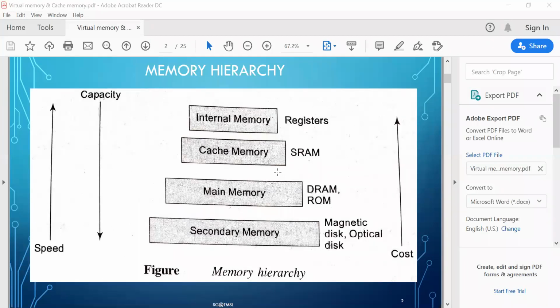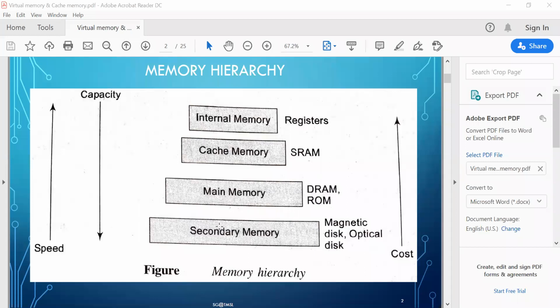There is no speed mismatch between these registers and the CPU or processor, because they are fabricated in the same technology, inside the processor chip. So any data byte transfer or read write operation will be much faster compared to the other external memories: cache memory, main memory and secondary memories.